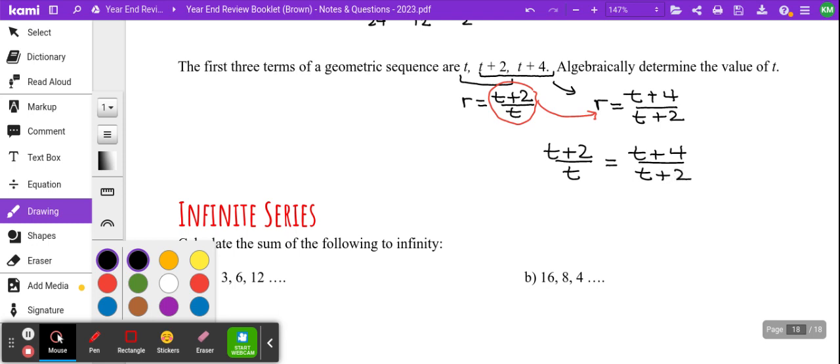This is a rational equation. I'd like to get rid of the denominator, agreed? I need a common denominator. What would the common denominator be? Good. t times t plus 2.